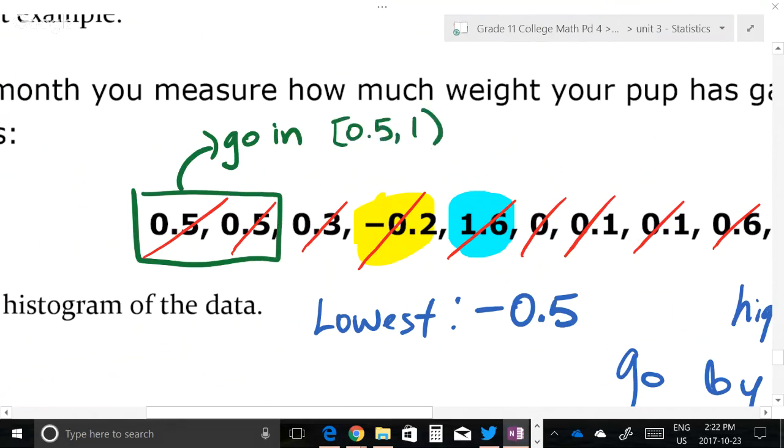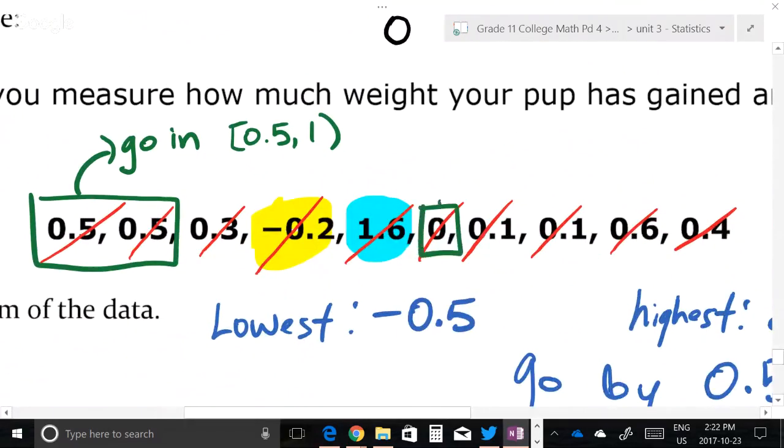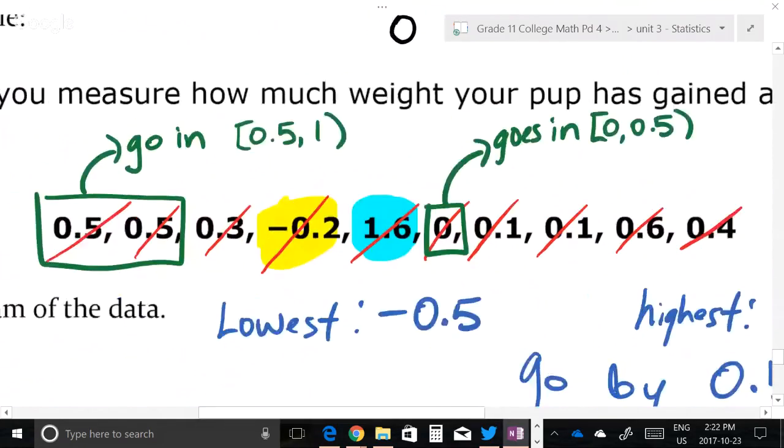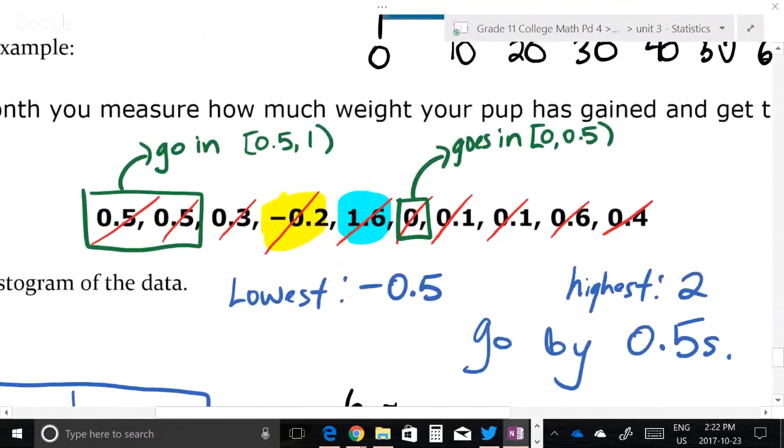Because that square bracket tells me that this bin includes 0.5, but the round bracket tells me this goes up to 1, but does it include 1? No. What bin does this go in? Very good. And I think those are the only ones that are spot on, right?